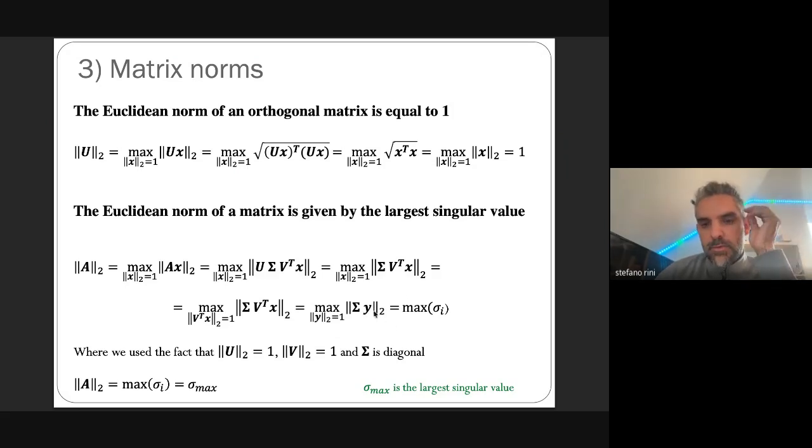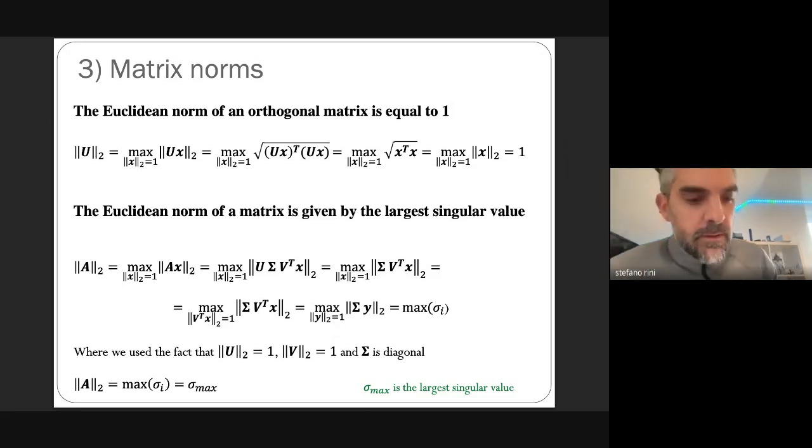And this corresponds to the maximum singular value. Here we use the fact that the induced norm of U is equal to 1, the induced norm of V is equal to 1, and sigma is diagonal. Okay, very nice. So the Euclidean norm of the matrix is equal to the largest singular value.